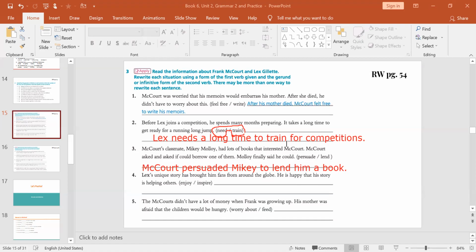Okay, Alexa's unique story has brought him fans from around the world. He is happy that his story is helping others. So we have enjoy and inspire.